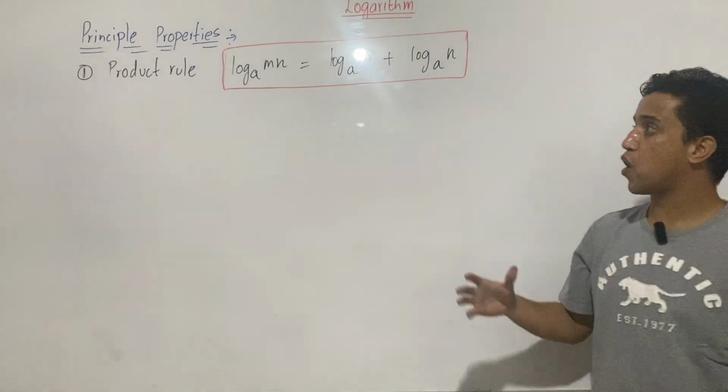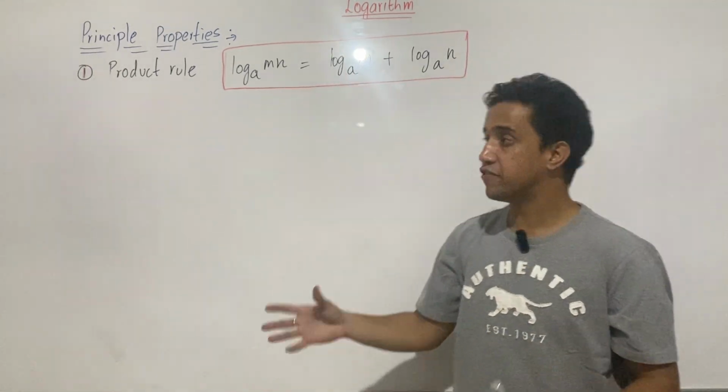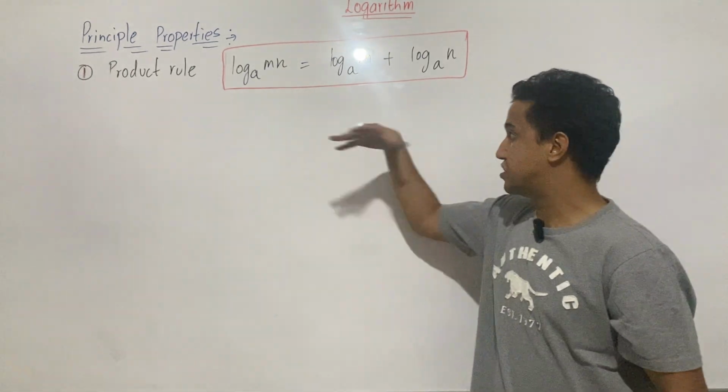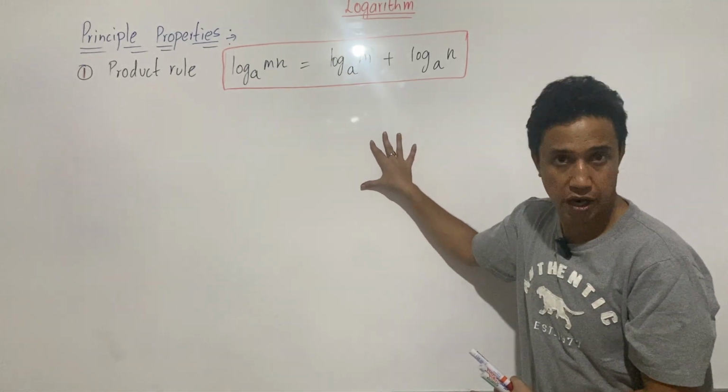The product rule says that the log of the product of two or more numbers is equal to the sum of their individual logs. Understand?